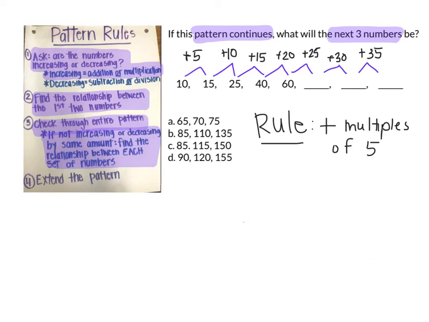So our pattern ended at 60. Now we're going to add that 25. 60 plus 25. 0 plus 5 is 5. 6 plus 2 is 8. We've got 85.